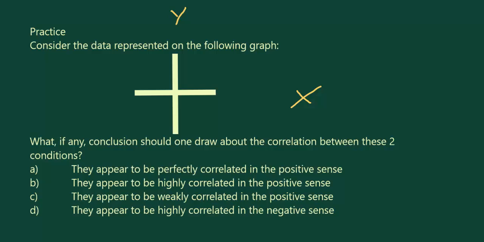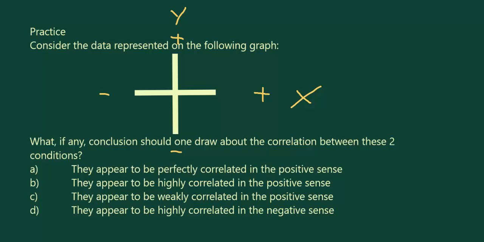As we move up on the y-axis, one of our correlates is increasing, and as we move to the right on our graph, then one of our other correlates is increasing, like in terms of frequency or amount, etc. And as we move to the left, one of the correlates is going to be decreasing, and as we move down, one of the correlates is going to be decreasing.